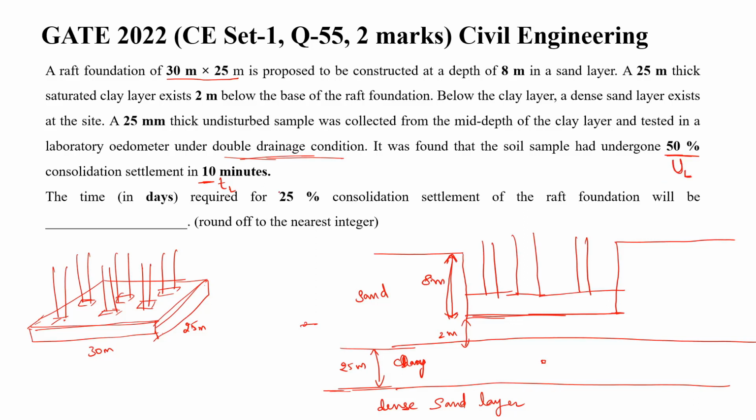So anyway, let us write down the given data. What is the given data? In laboratory, thickness of the sample is 25 mm and time for 50% consolidation is 10 minutes.